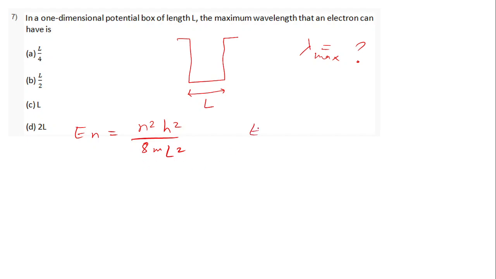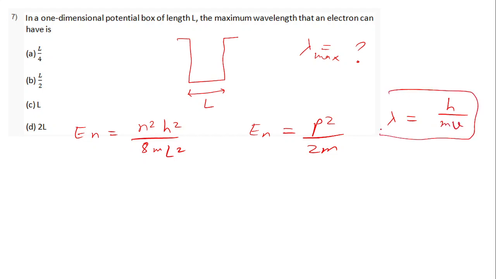Now we also know the relation between energy and momentum, which is this. Now from the de Broglie wavelength relation, we know lambda is h over mv. This is the de Broglie wavelength relation. That means this is h over mass times velocity, which is momentum.